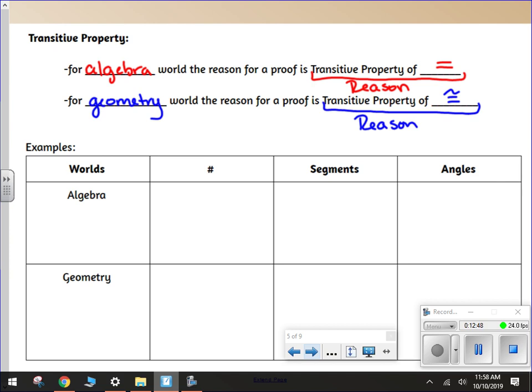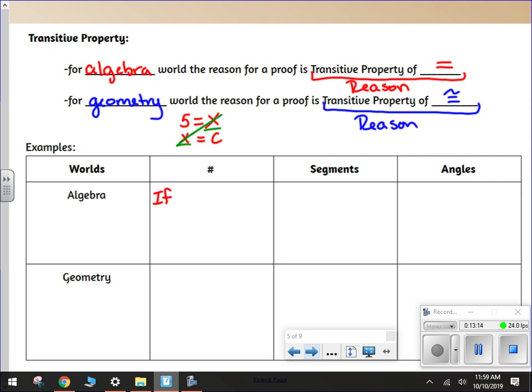So if I have 5 is equal to x, and x is equal to c, because these two are linked, I can just skip out the middleman, and I can write that 5 is equal to c. And that's the transitive property.